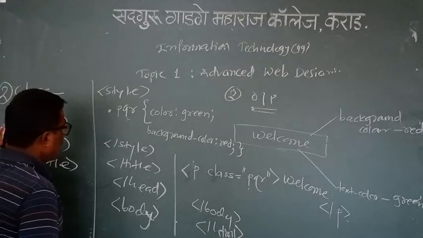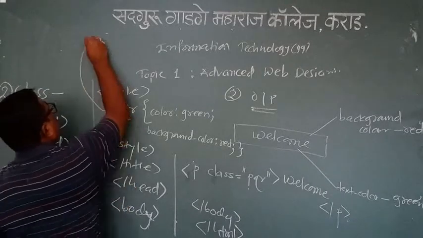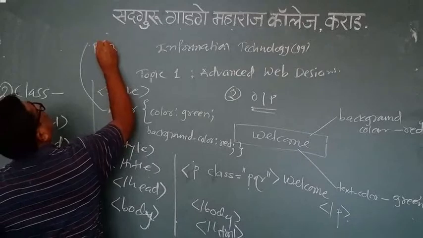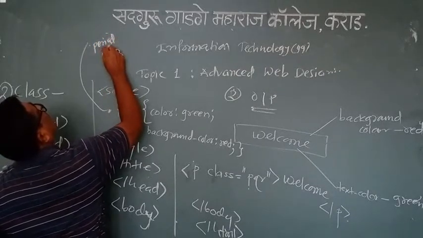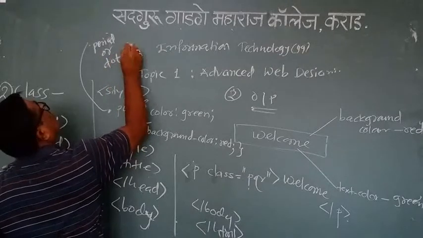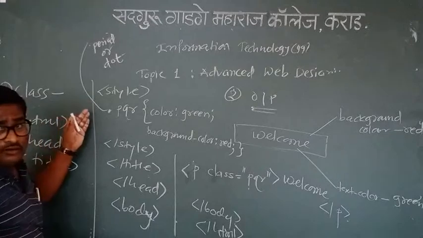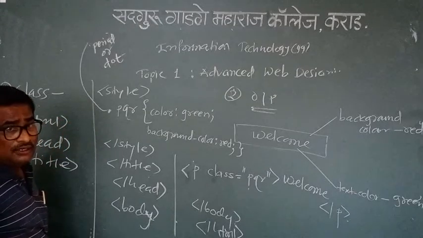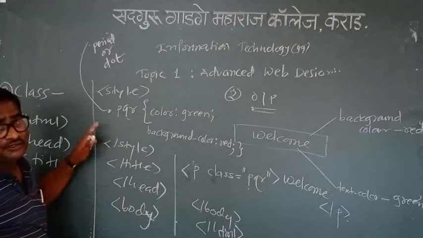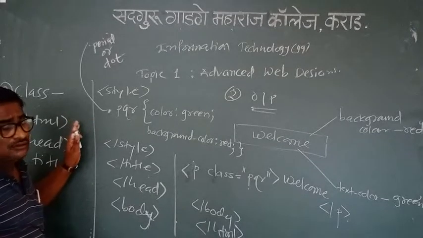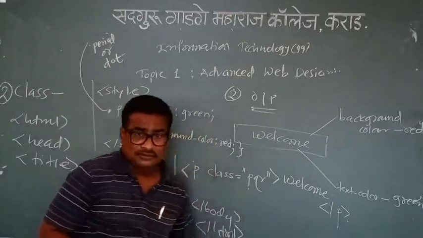Class is started with the symbol period or dot. Okay, and ID is started with hash symbol. That is the main difference. Okay, that is the class.